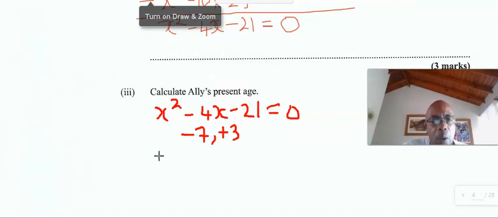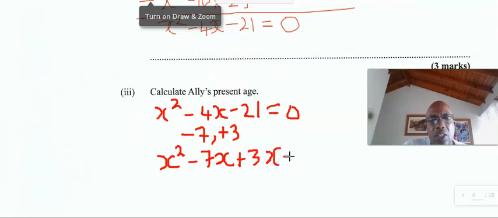In other words, we write the equation as x squared, and instead of minus 4x, we put minus 7x plus 3x, and then we write the minus 21 equals 0.